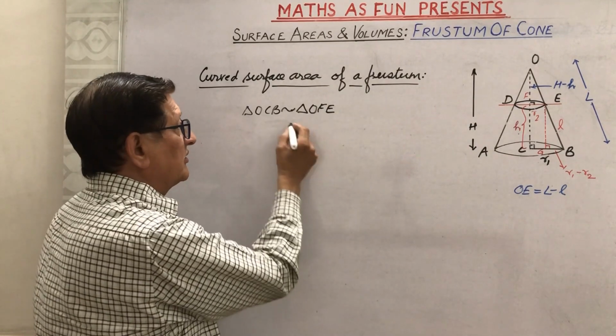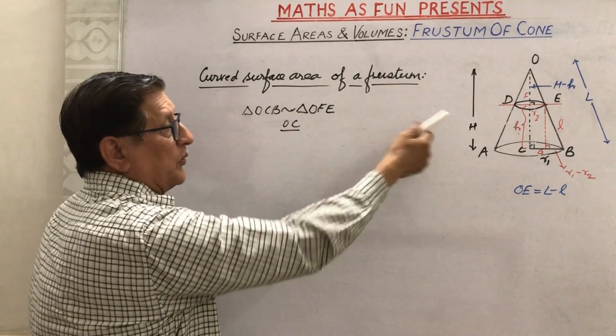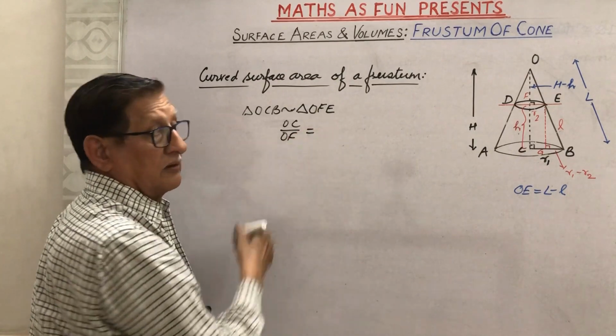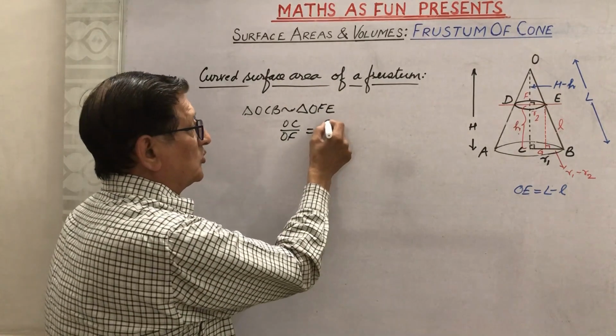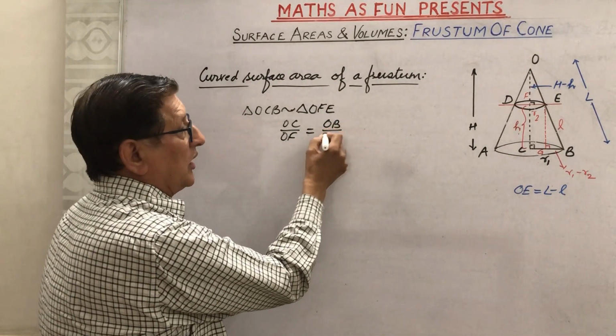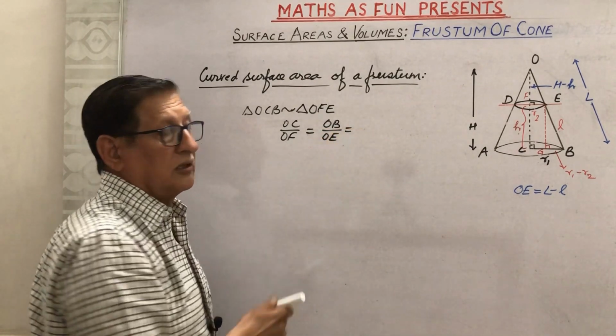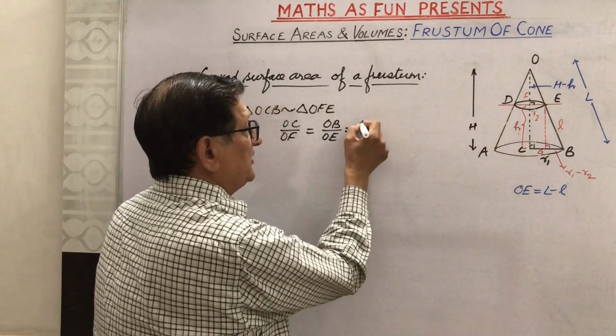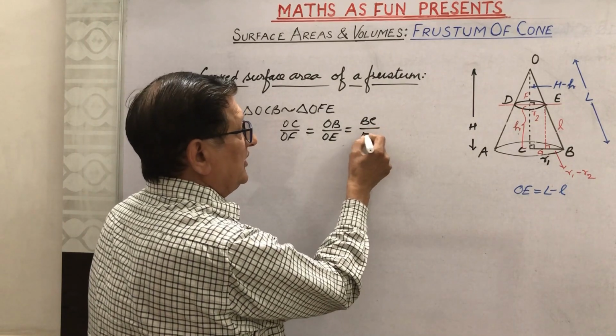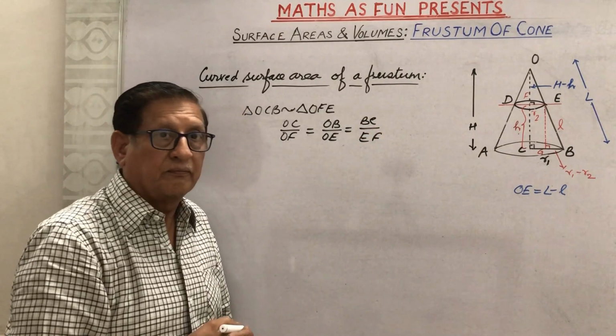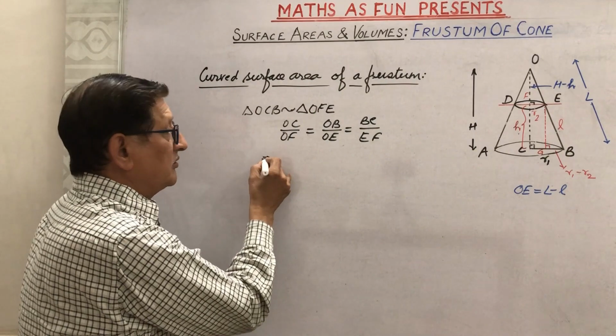So can we say here that OC upon OF is equal to OB upon OE, and also this is BC upon EF. What is OC?